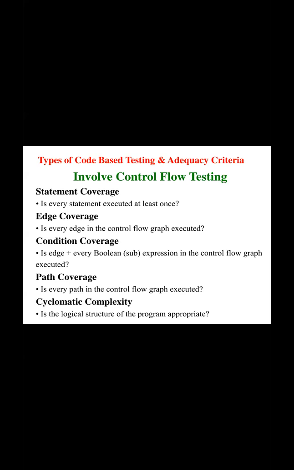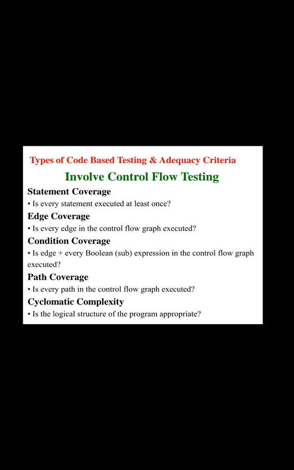Path coverage means while executing the process, the various nodes which are processing your data will be tested. In cyclomatic complexity, we will check the logical constraints, the time complexity as well as the space complexity of your project.